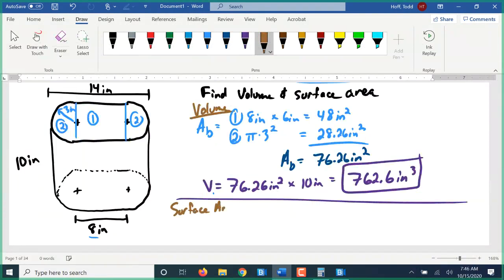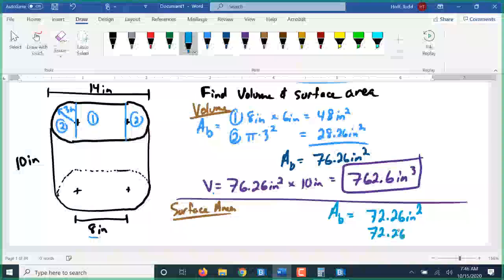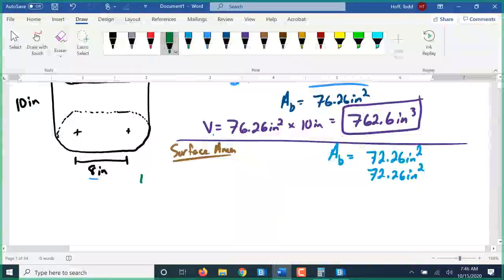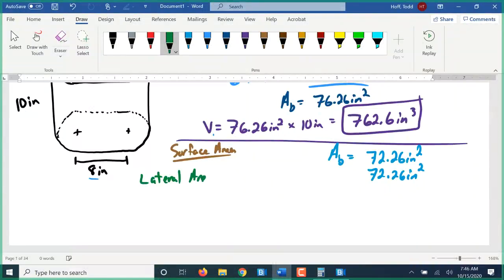For surface area, we already have the area of the base, 72.26 square inches. And it's going to go in twice because there's one on top and one on bottom. So then all we need is the lateral area. To do the lateral area, remember we need the perimeter of the base.